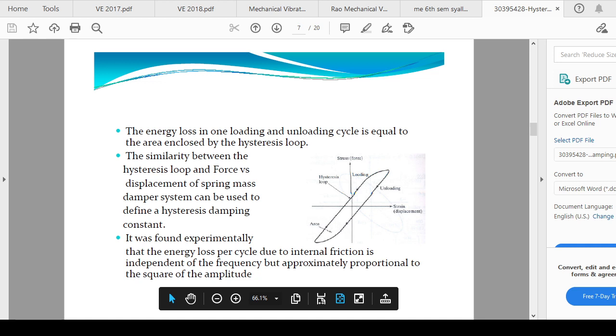It was found experimentally that the energy loss per cycle due to internal friction is independent of frequency but approximately proportional to the square of the amplitude, because of the hysteresis losses. In this way you can find the energy loss per cycle.